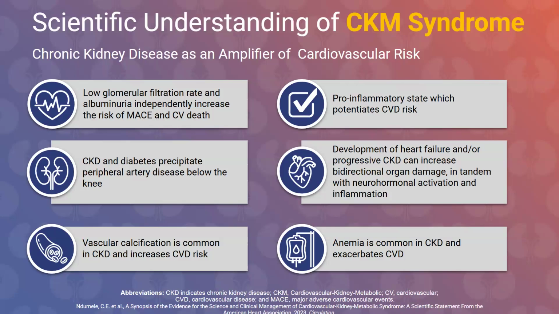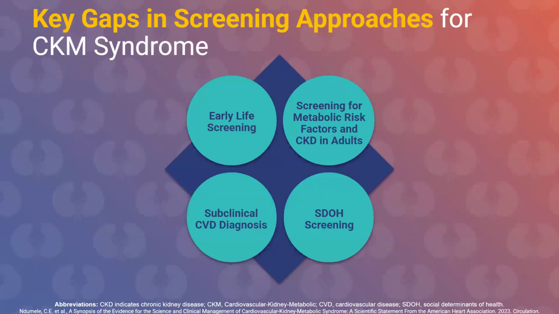And then finally, anemia is common in CKD and exacerbates the impact of cardiovascular disease by reducing the oxygen availability in the circulatory system. Next slide. So multiple mechanisms whereby the kidneys are very central to making things worse if they suffer along with the cardiovascular system. So there are some key gaps.